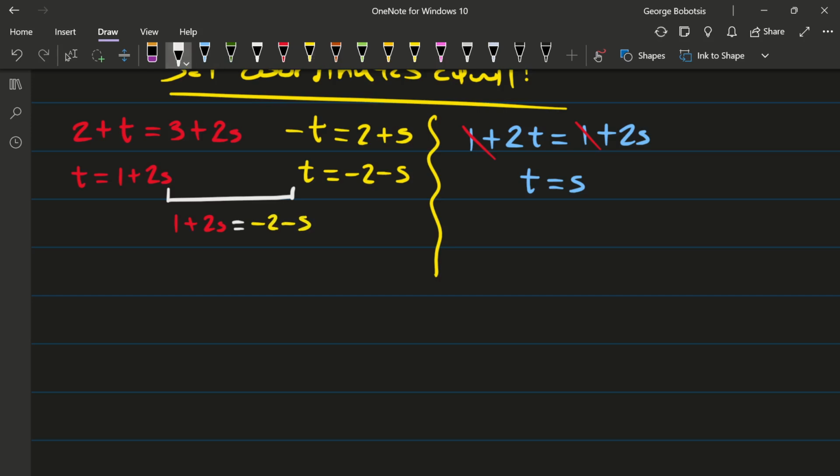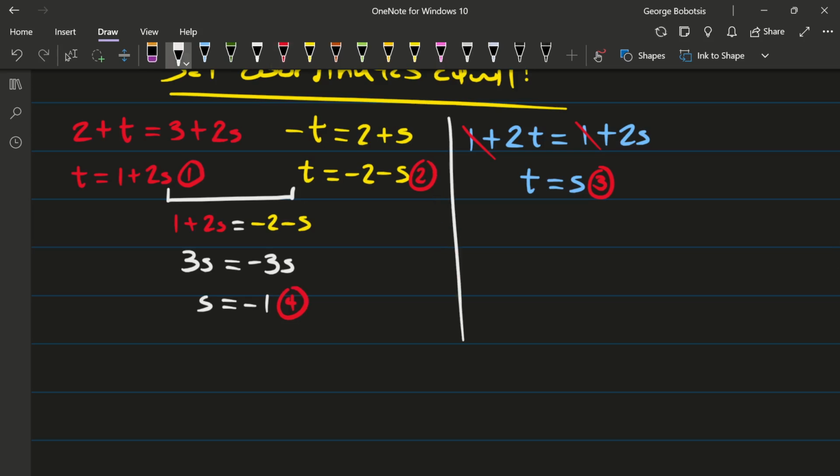Here I come. Combine them, you get 3s. Combine these, you get negative 3s. s is negative 1, therefore. So this is equation 1, just so we know what we're doing. This is equation 2, 3, and 4. Again, ignore this part over here on the right.